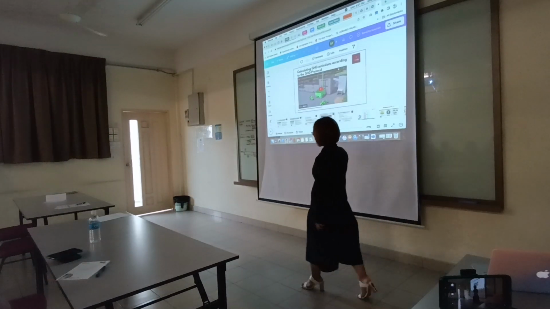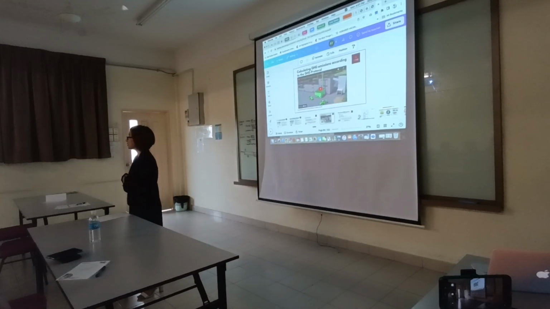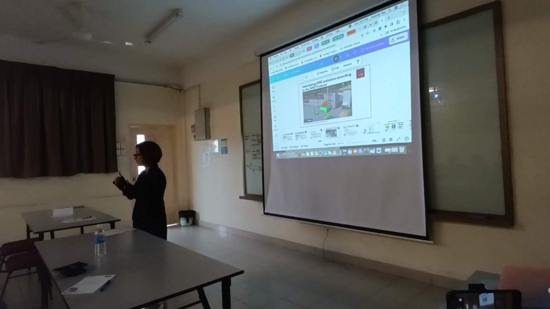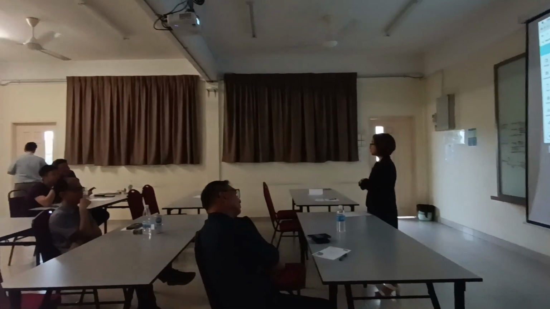Alright, so do you have a better understanding of what Scope 1 to 3 emissions are? Yes? So maybe one of you, can you explain what Scope 1 emission is? Gas emission from the operating activities. Yes, correct. How about Scope 2? Anyone?